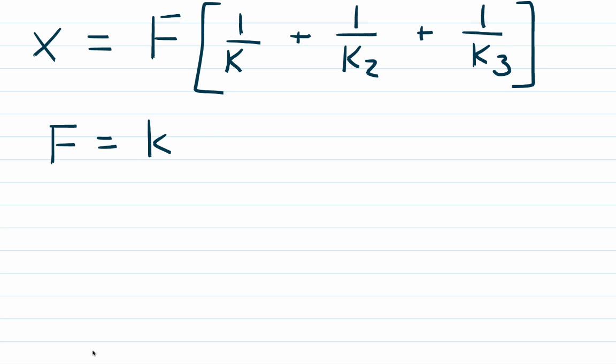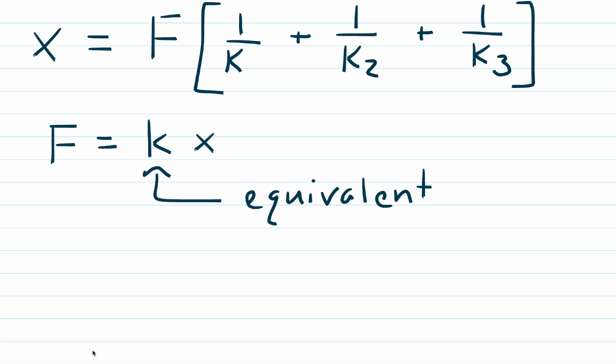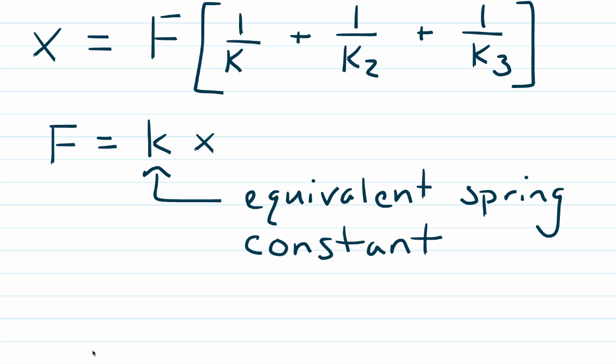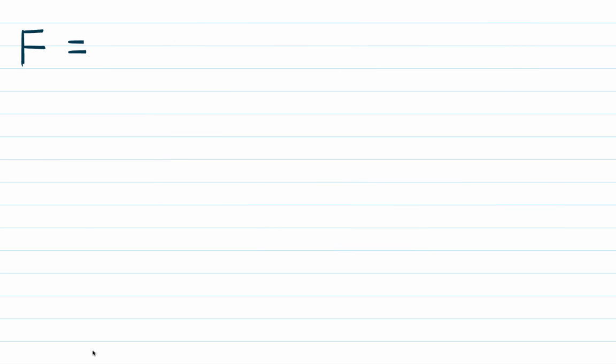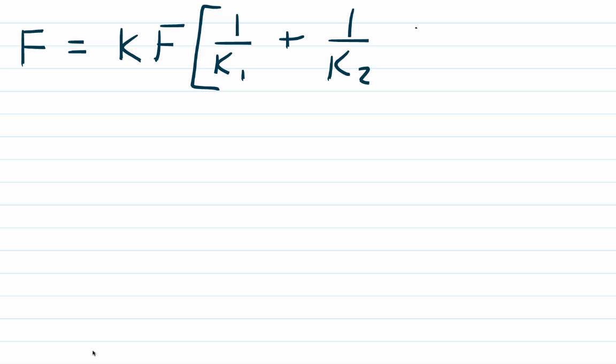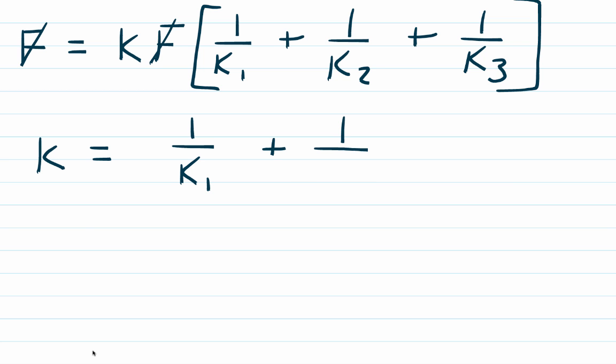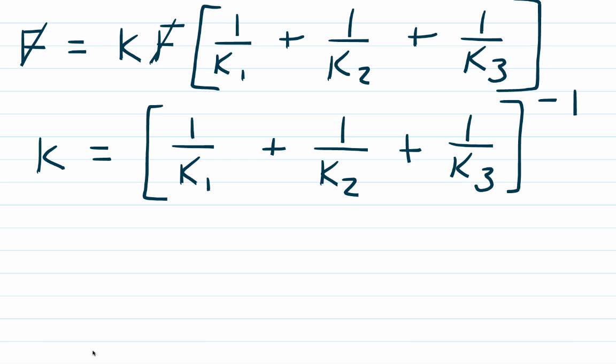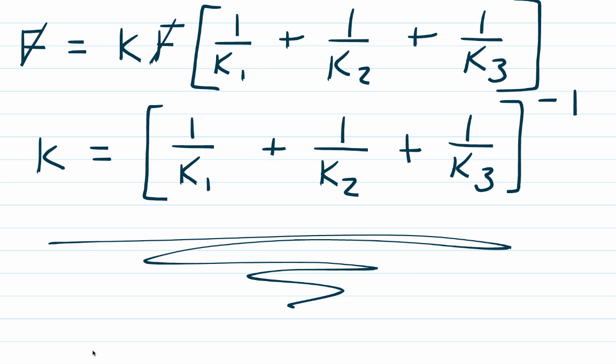Defining our equivalent spring constant K, we can plug in for our total X, of which I've already factored the force out. That force will cancel. Divide both sides by the quantity in the square brackets. And we have our equivalent spring constant for 3 springs in series.